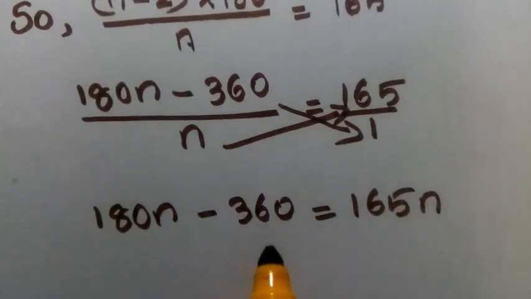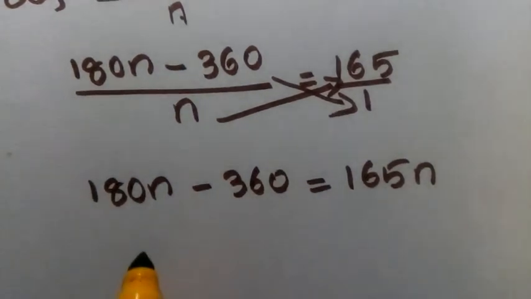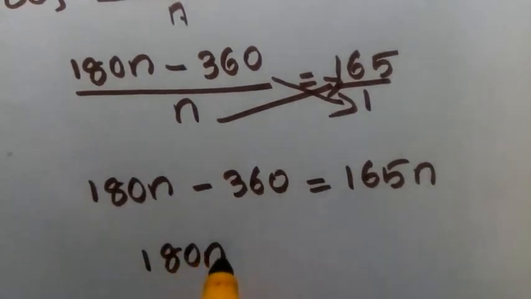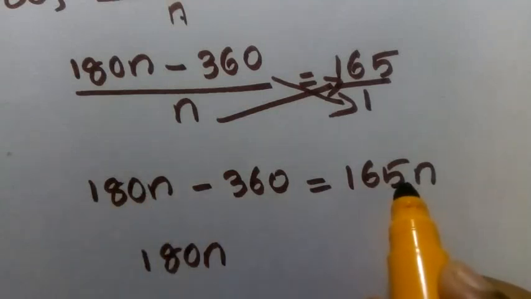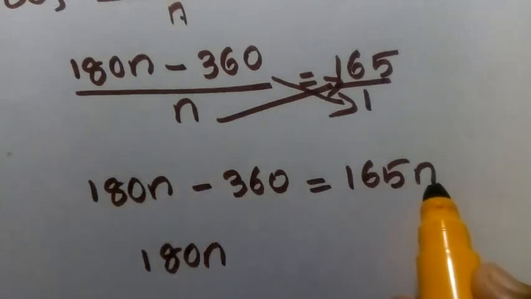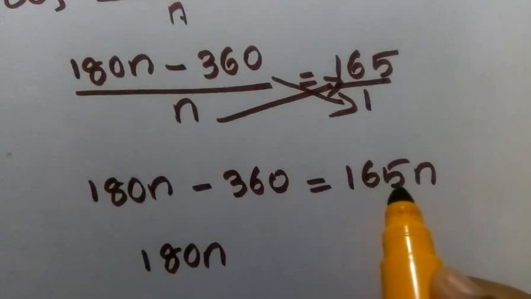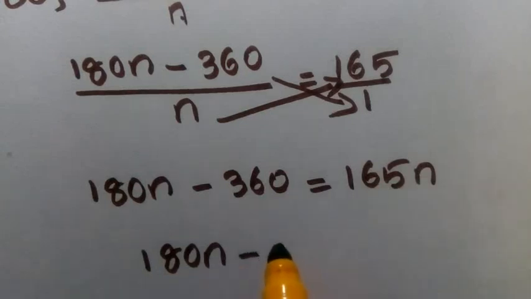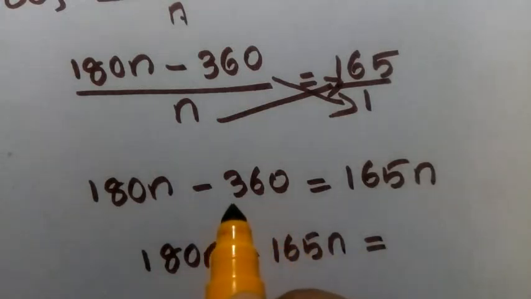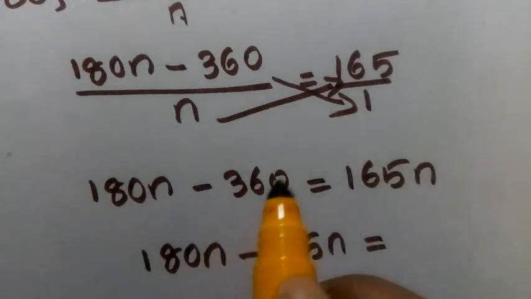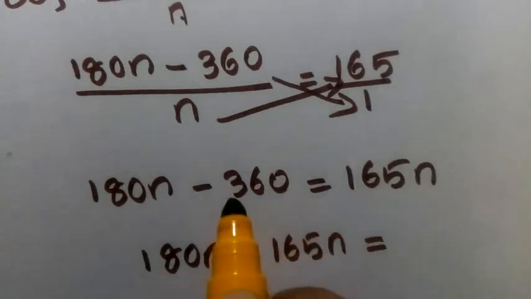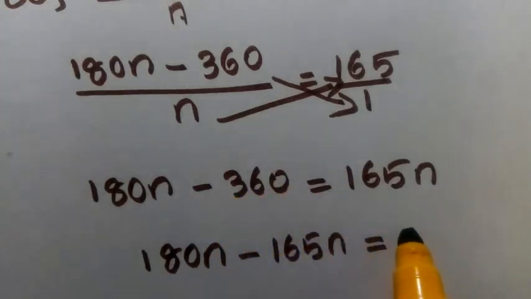Next, let us keep the like terms together. So, the next step is 180n, take 165n from the RHS, so it will change into minus 165n, is equal to transpose 360 to the RHS. So, minus 360 will change into positive 360.